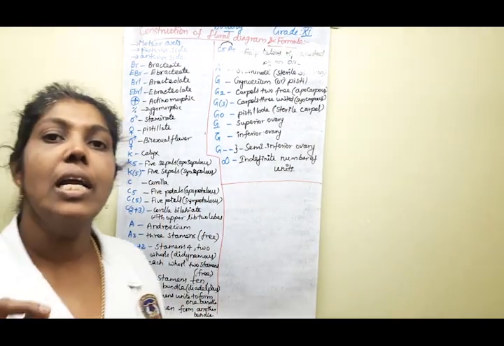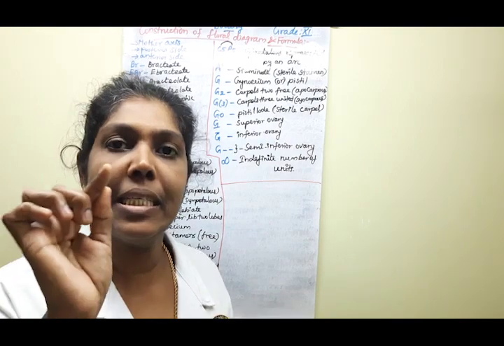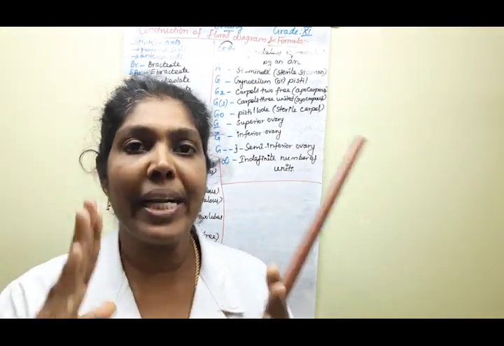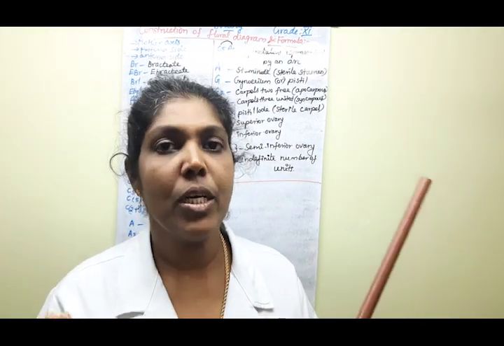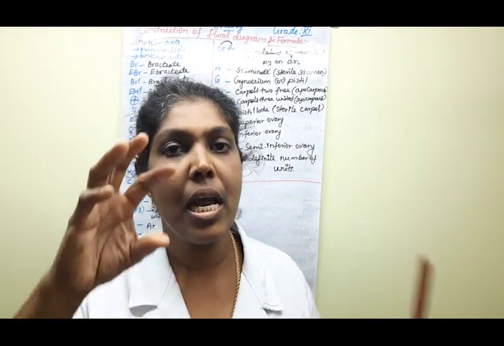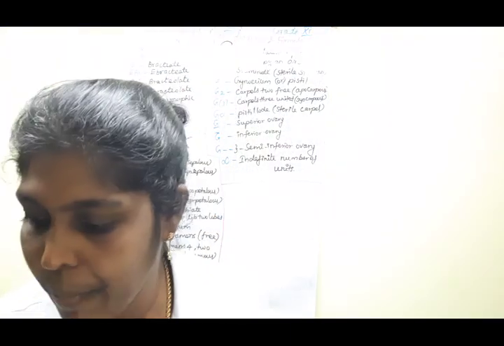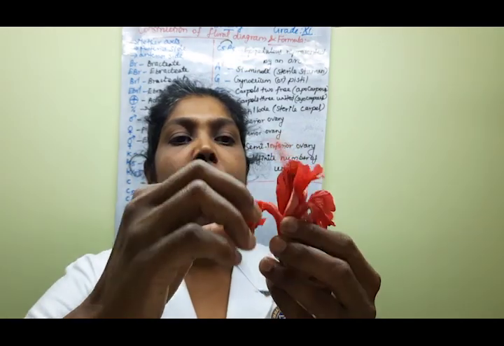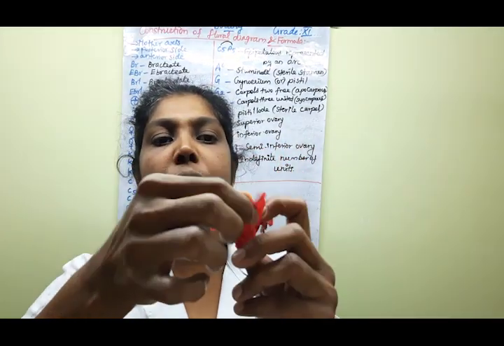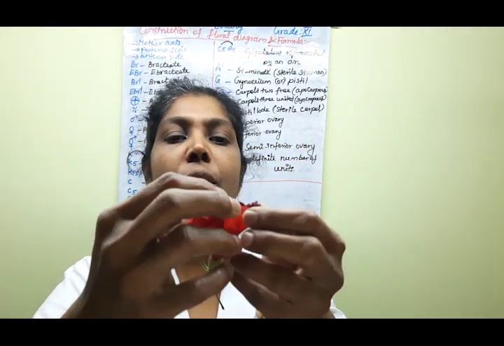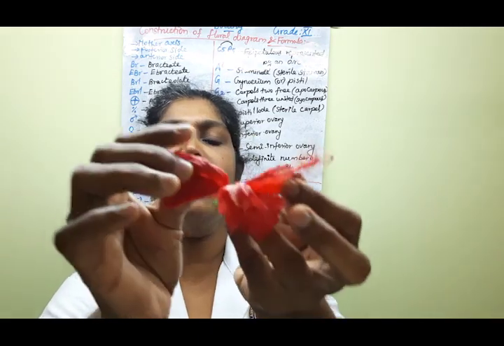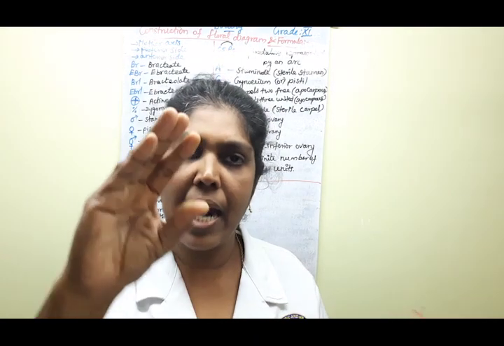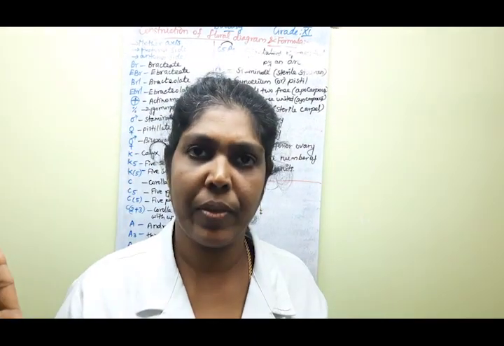Next one, similarly you have to follow this for the corolla also. Corolla is a whorl, and the letter denoting it is C. The condition is the same. If the petals are free, you just mention how many petals there are. Suppose in this flower, how many petals are there? 1, 2, 3, 4, 5. Isn't it? There are 5 petals, so you just count the number of petals and write that number. Clear, children?